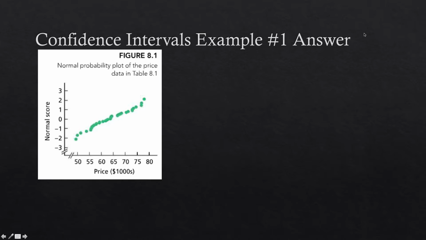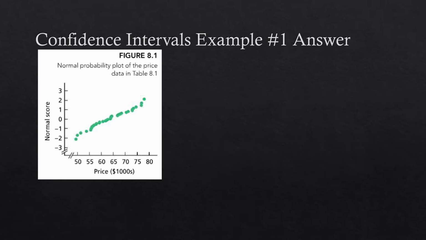A normality plot, normal probability plot. Make sure that you know how to do those. We talked about those back a few sections ago. This is the normality plot for that table 8.1. Now remember what we talked about with normality.